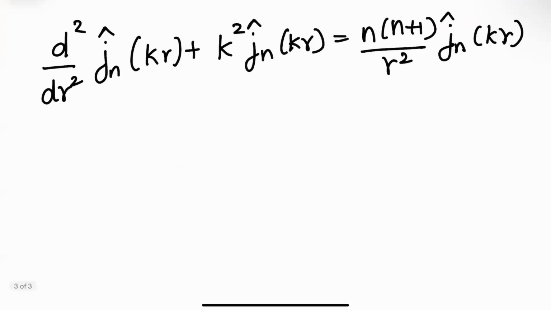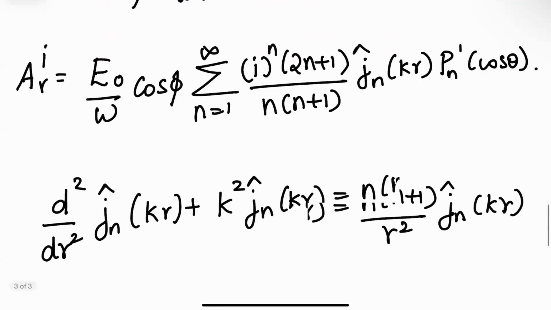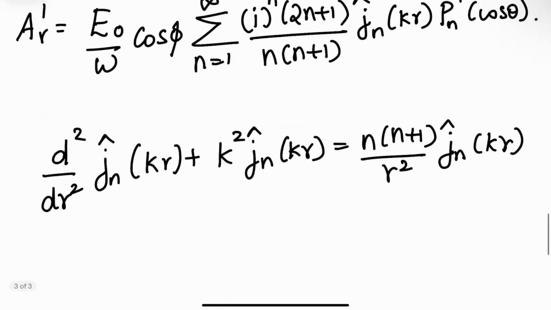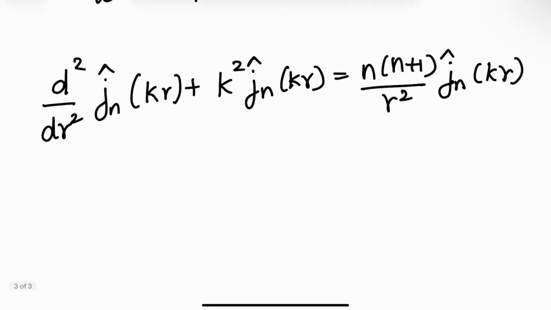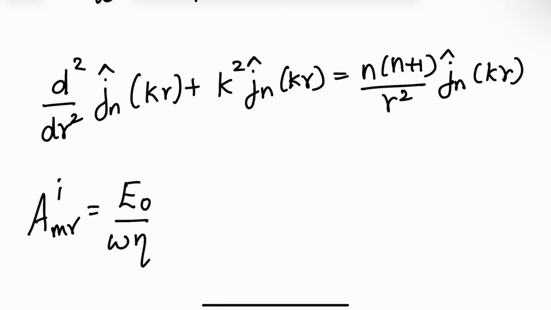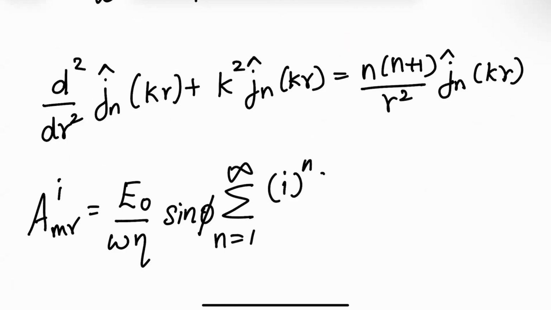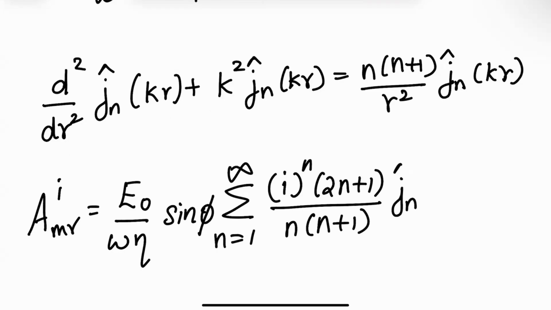Okay? All right, so now we have this nice expression for A_I. And a very similar expression exists for A_MR, which is the magnetic vector potential, electric vector potential under the spherical gauge: E naught over omega eta, sine phi, summation n equal to 1 to infinity, i to the n, (2n plus 1) divided by n times (n plus 1), j_n hat kr, P_n^1 of cosine theta.